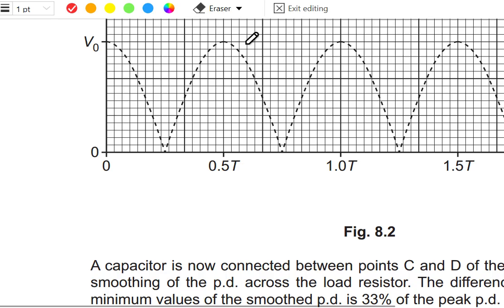Okay, so we can make the connection like that, and certainly increase the curve here and it continues like that.